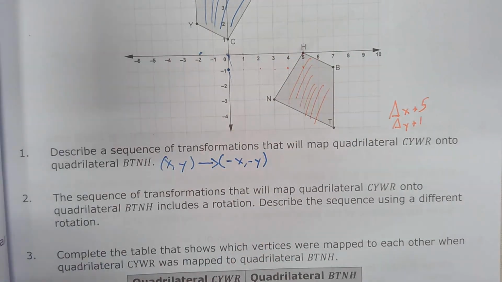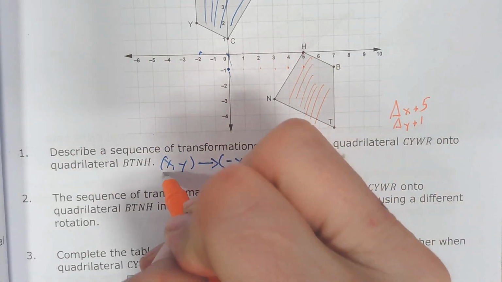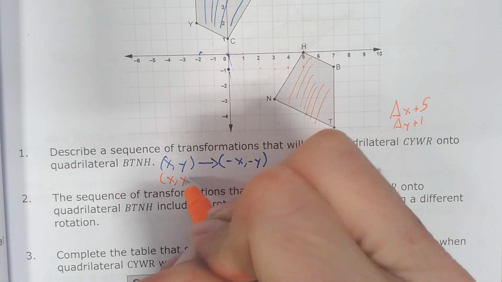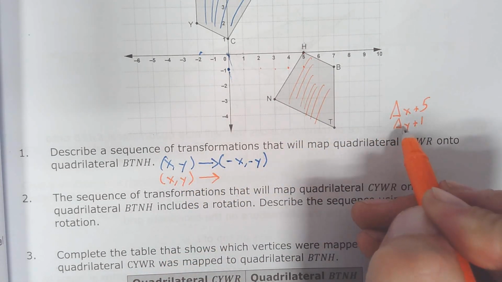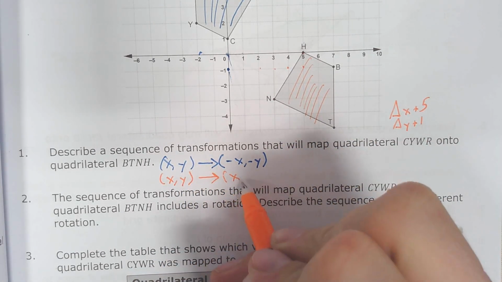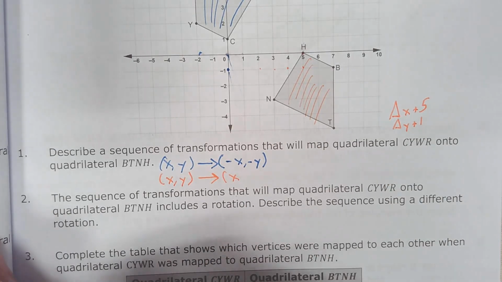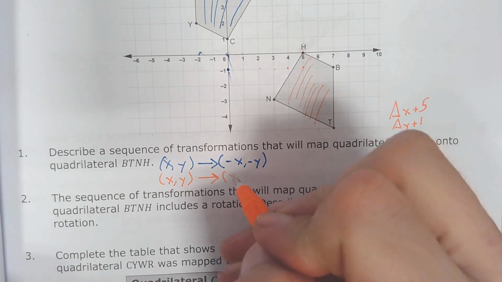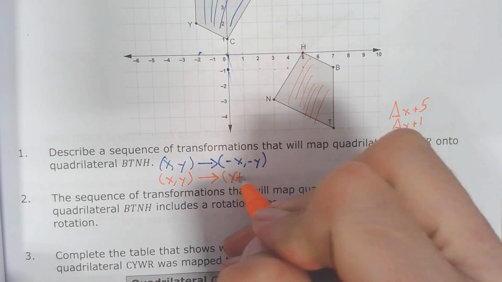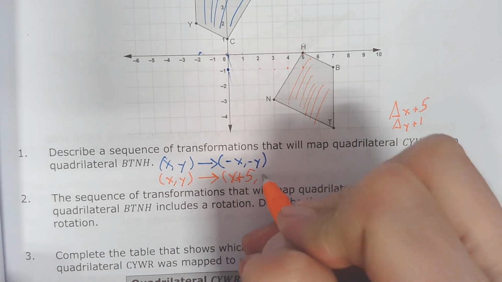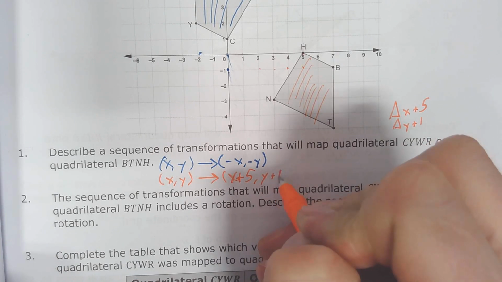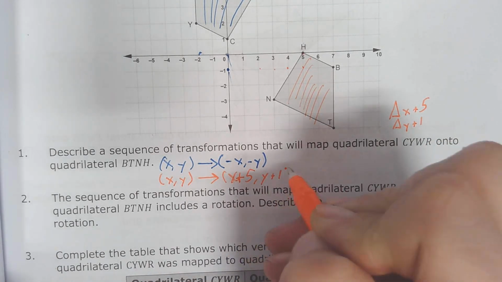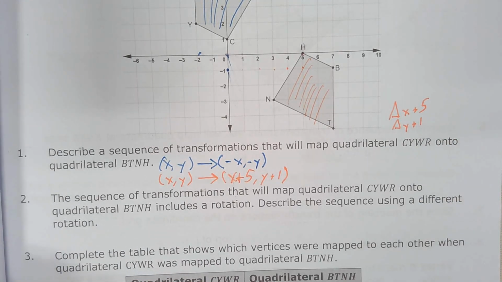Then to get to the orange one, x comma y goes to x plus 5 comma y plus 1, the translation. So that was my transformation for that.